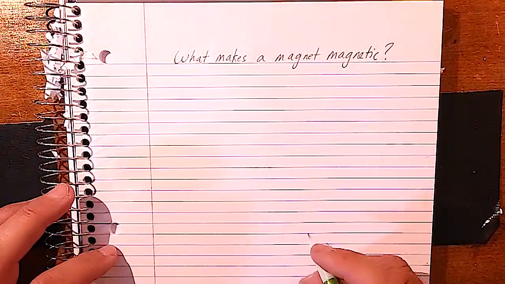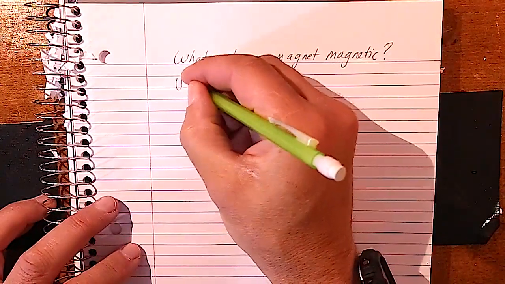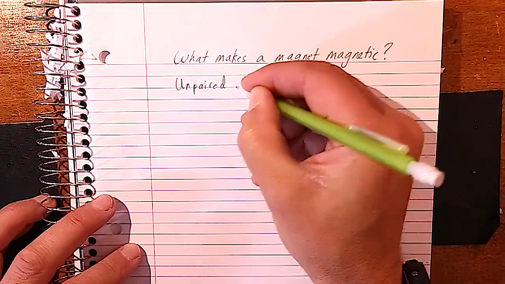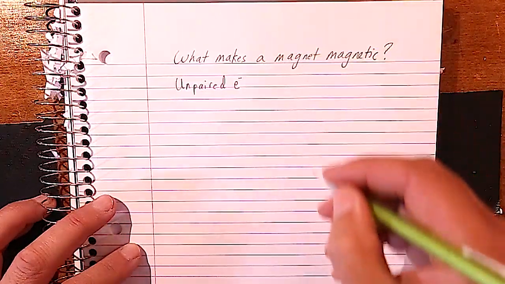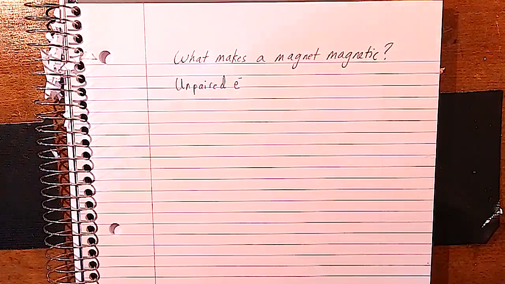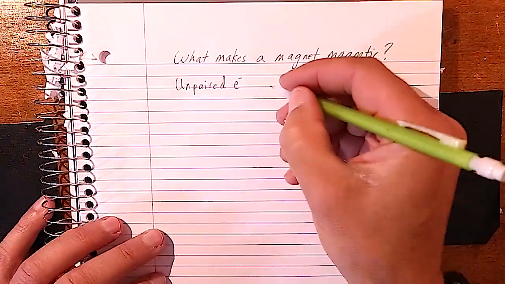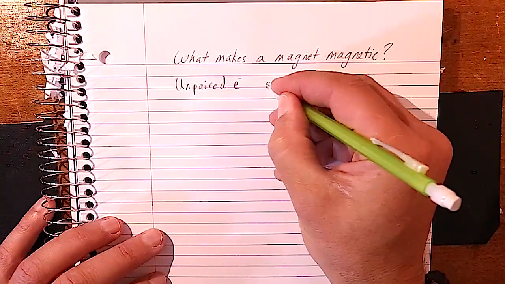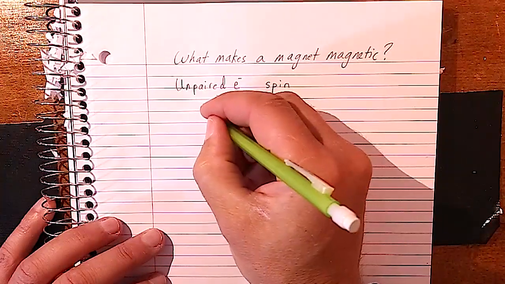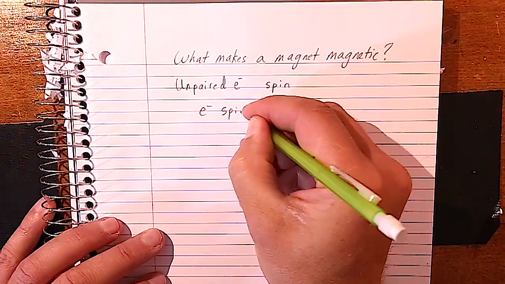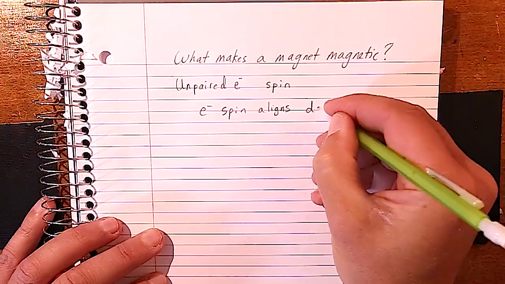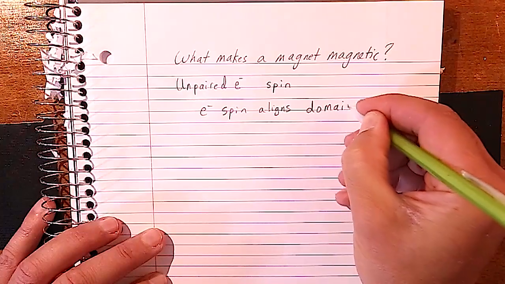So why are magnets magnetic? Why do they make magnetic fields? Well, it has to do with unpaired electrons. In certain materials, the unpaired electrons can get aligned better than in other materials. This is because they have something called spin. And when the electron spin aligns, it produces something new called a magnetic domain.